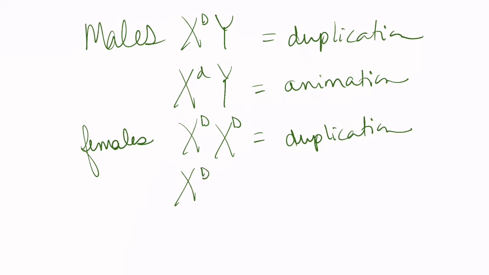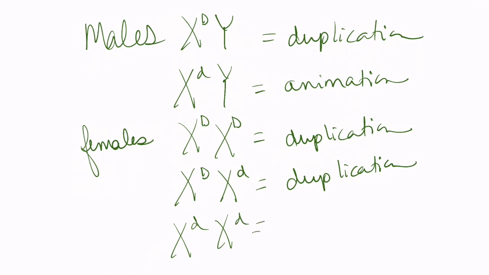If she was X with a dominant allele for duplication and a recessive allele for animation, she would still show the power of duplication because the dominant masks the recessive. The only way that we can get a female that shows animation is if she has 2 X's that are homozygous recessive.